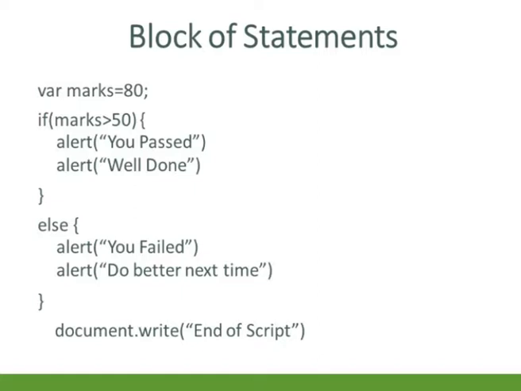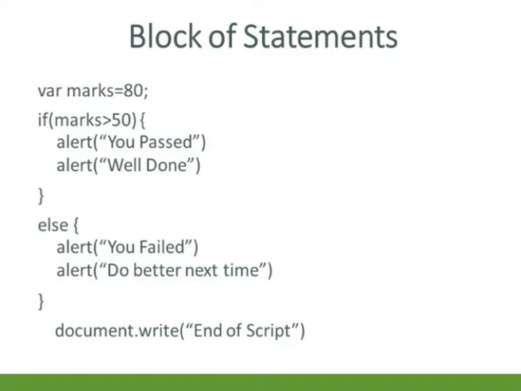So if the condition is true, then the first two statements, alert you passed and alert well done, will execute, and the whole else part will be skipped and the execution will resume from the next line after the if statement, which is document.write.